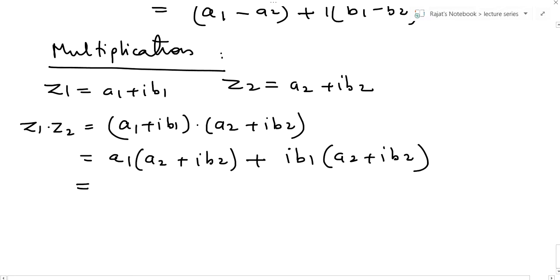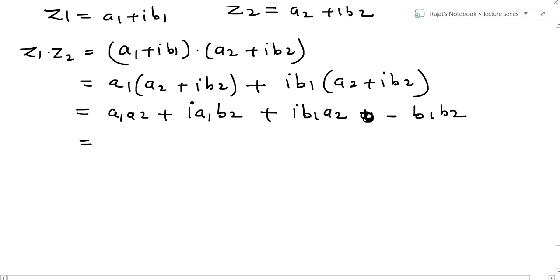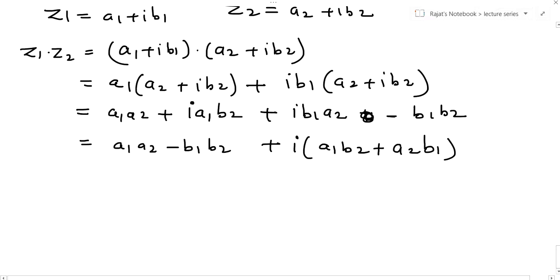Again distributing, a1 a2 plus i times a1 b2 plus i b1 a2 plus i into i is i square, which is nothing but minus 1, so minus b1 b2. So this total expression becomes a1 a2 minus b1 b2 plus i common, a1 b2 plus a2 b1.